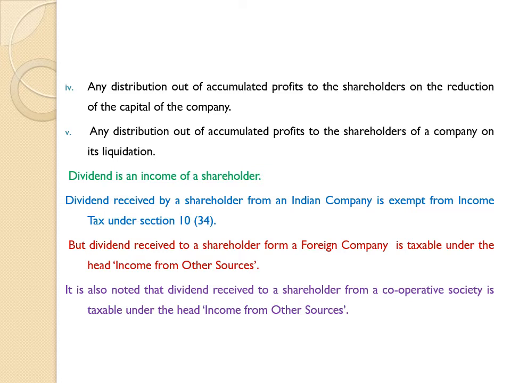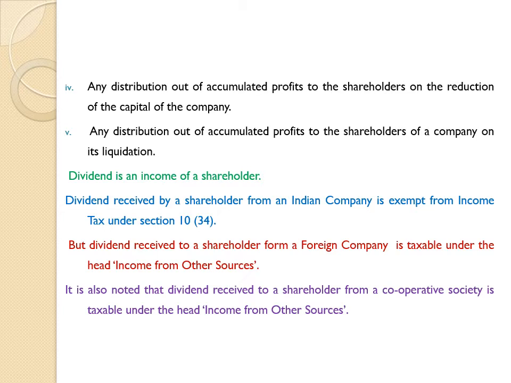But dividend received by a shareholder from a foreign company is taxable under the head income from other sources. It is also noted that dividend received by a shareholder from a cooperative society is taxable under the head income from other sources.